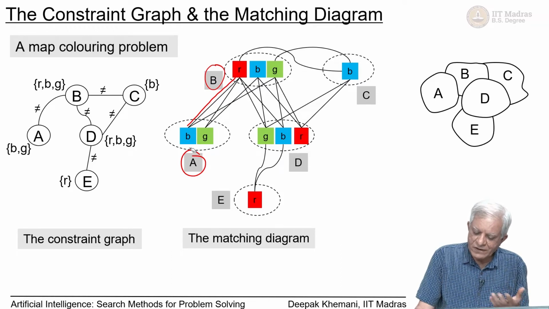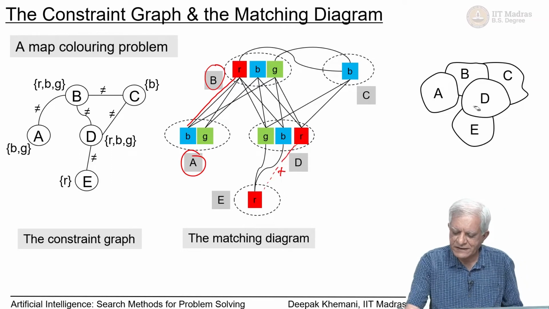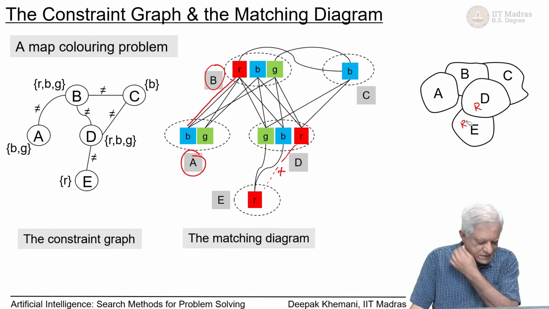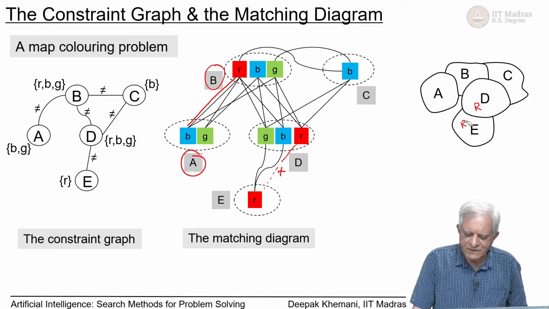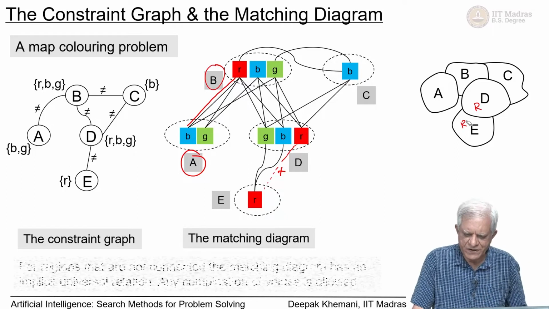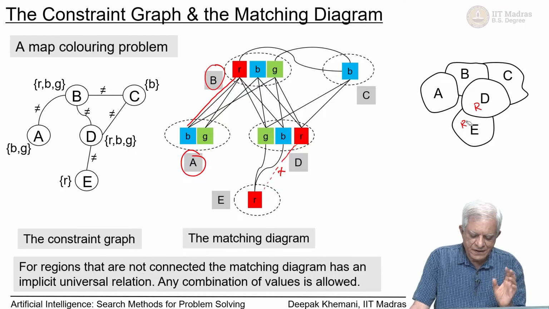So, only those things that are allowed are present in the matching diagram. So, again you can see between E and D there is no edge between R and R. Why? Because they are touching each other. So, you can't say this is red and this is red, then you will not be able to distinguish between the two. So, this is a matching diagram which we often use for analysis of constraint satisfaction problem.